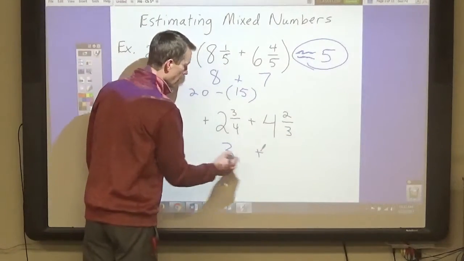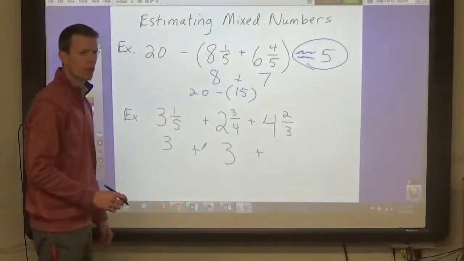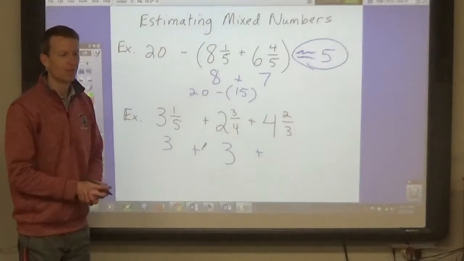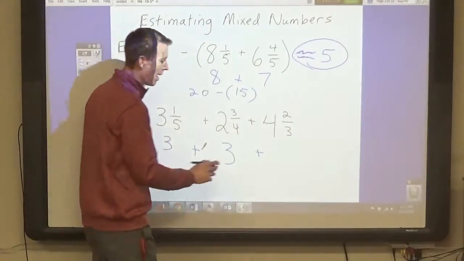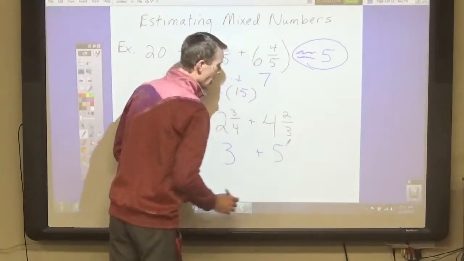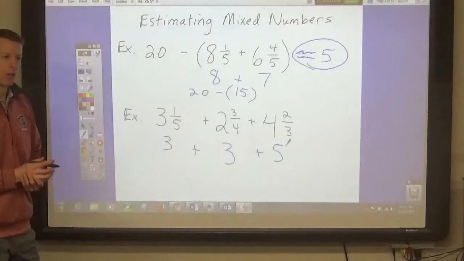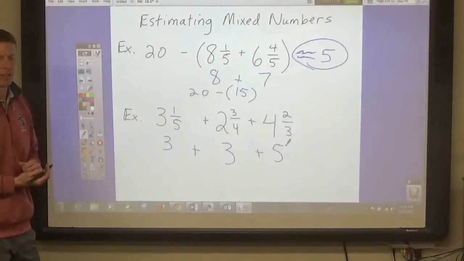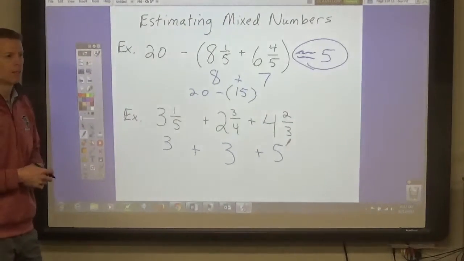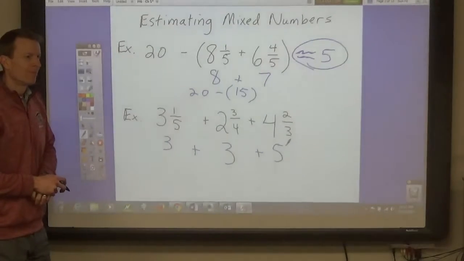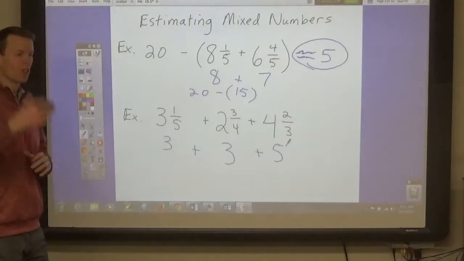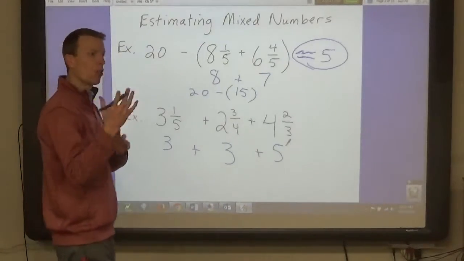And how about 4 2/3? Peter? 5. Yep. Actually, 4.5 would be fine also. Either 4.5 or 5. It is closer to the next whole.